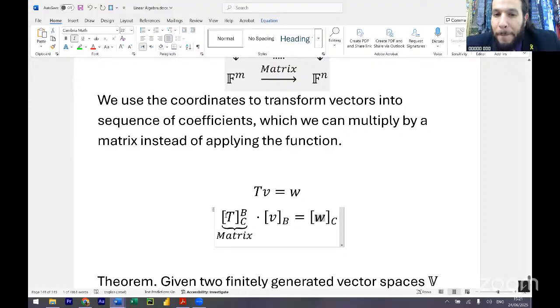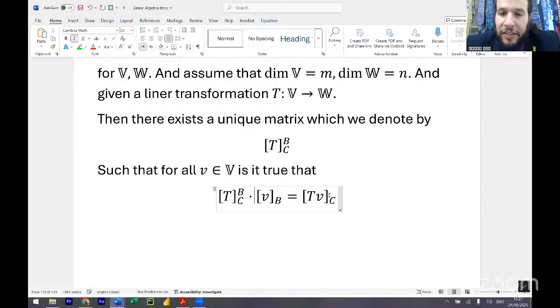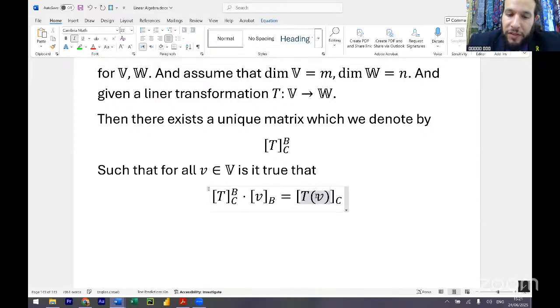I'm saying multiplying the coordinates of V by this matrix, we get the coordinates of T of V, which means here we have matrix multiplication, and on the right-hand side, we applied the function T. This is not multiplication, this is the application of a function.